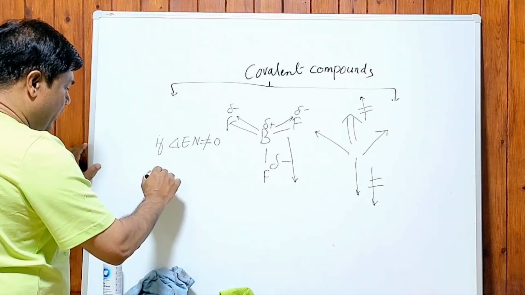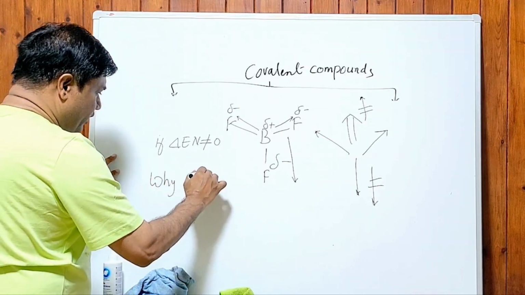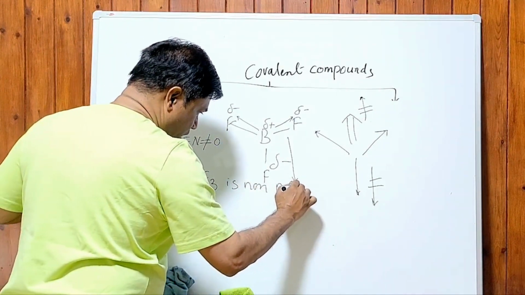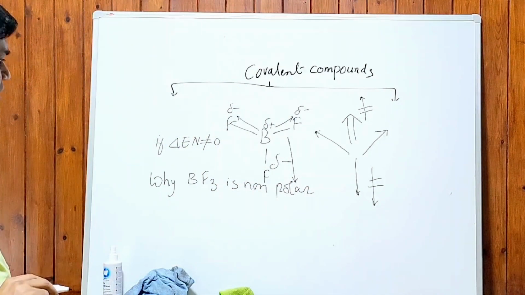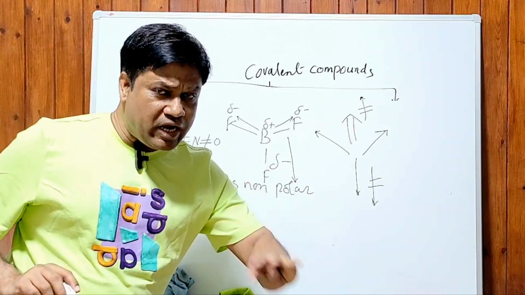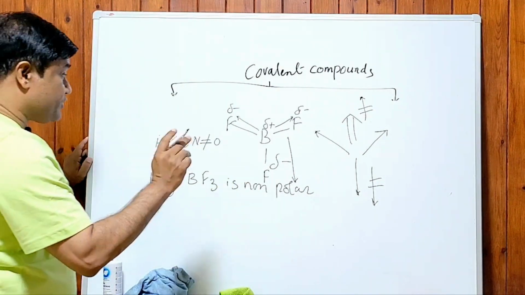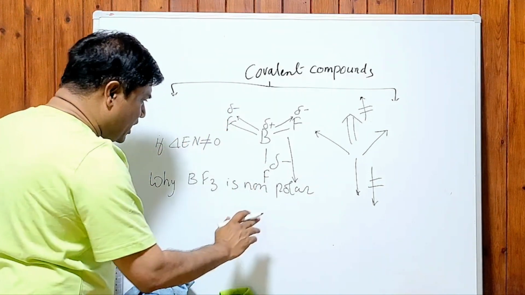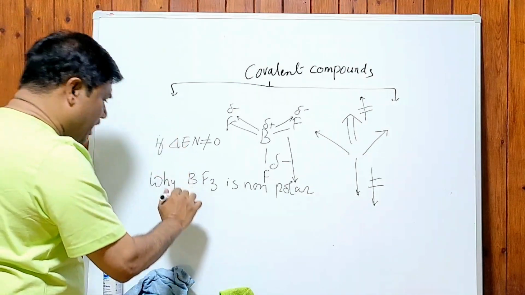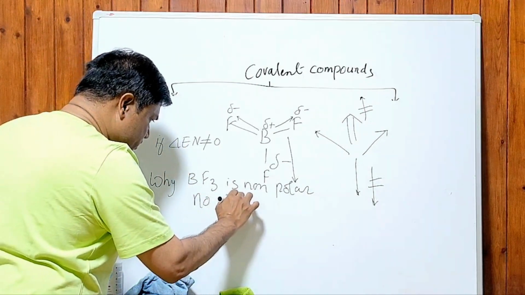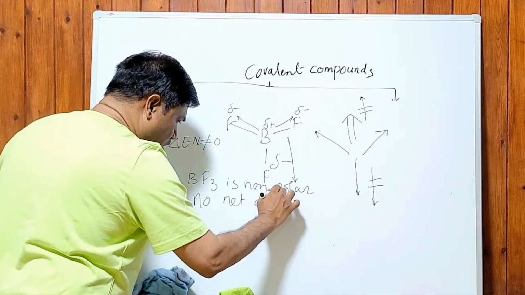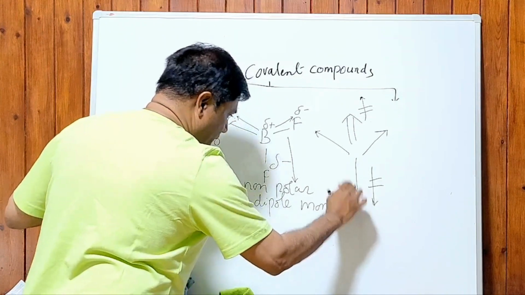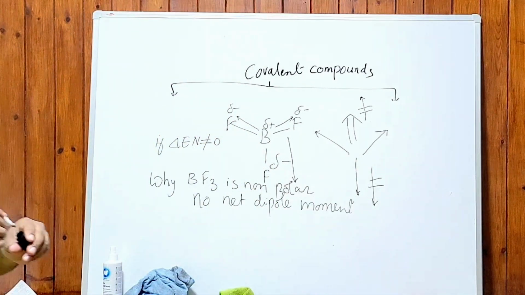Why is BF3 non-polar? Simple answer: because there is no net dipole. I have seen the mark scheme, guys. In the mark scheme, it is mentioned simply as no net dipole, or dipole moments cancel out.